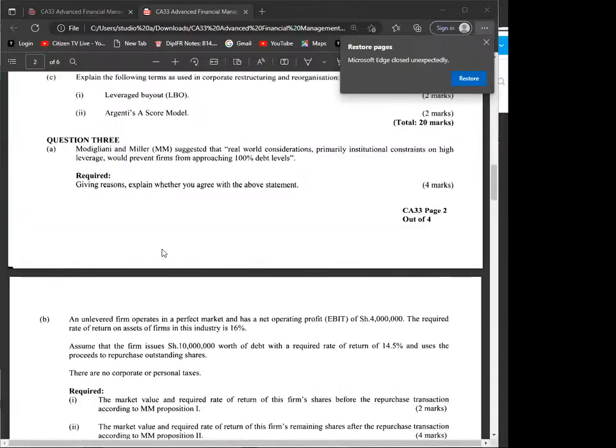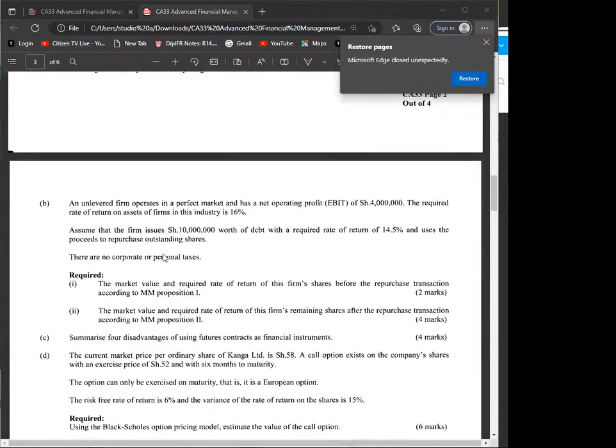I liked question number 3 so much. Question number 3 was able to capture these Modigliani and Miller propositions, which so many students got 0, 0, 0, 0, 0.